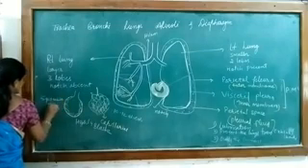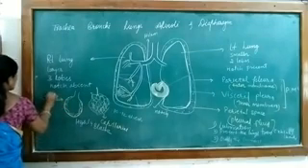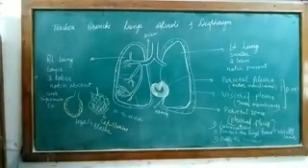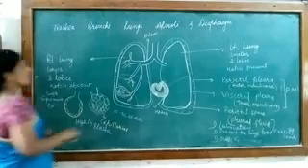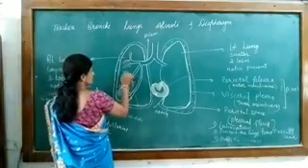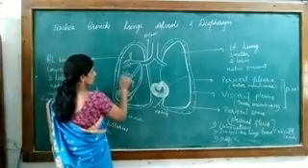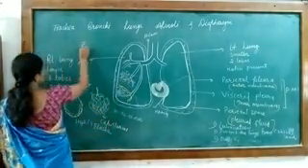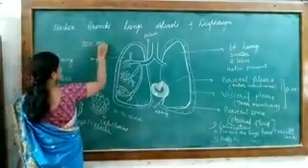There are more than 700 million alveoli present in the two lungs.